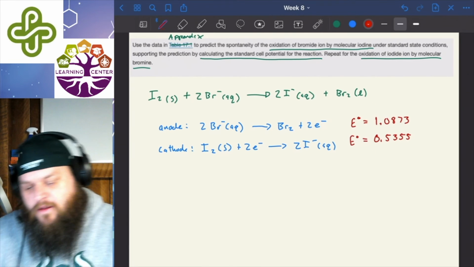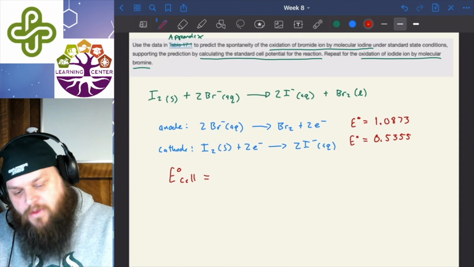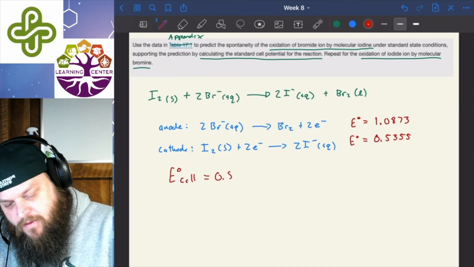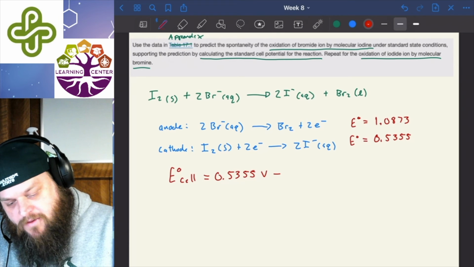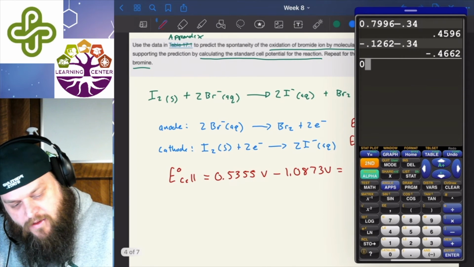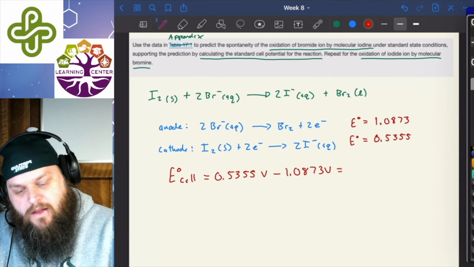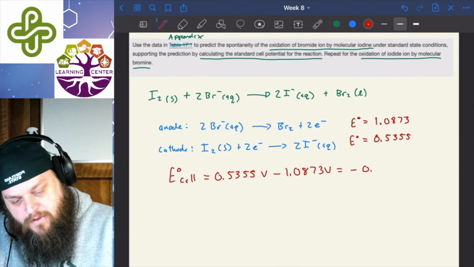Now we can find the potential of this cell, which is going to equal always the cathode first, 0.5355 volts, minus the potential of the anode, which is 1.0873 volts. I'm going to do the math. 0.5355 minus 1.0873 is a negative 0.5518 volts.